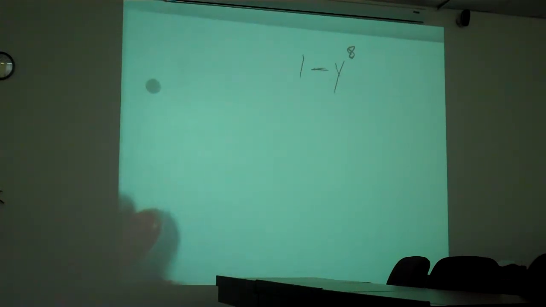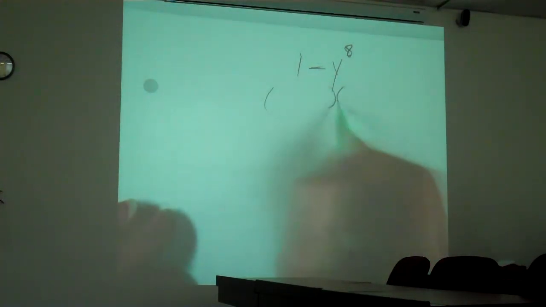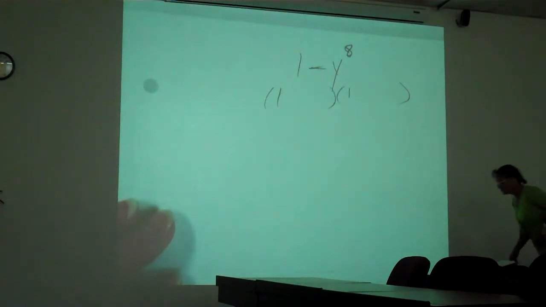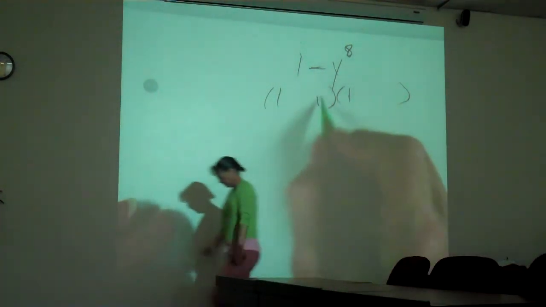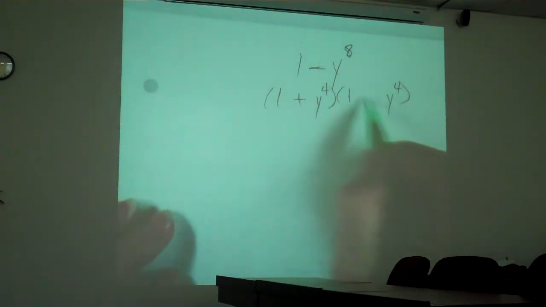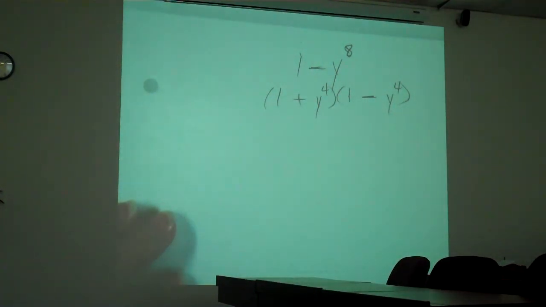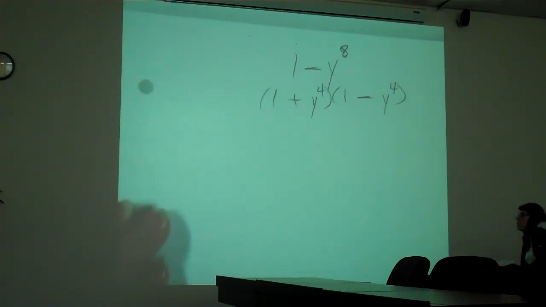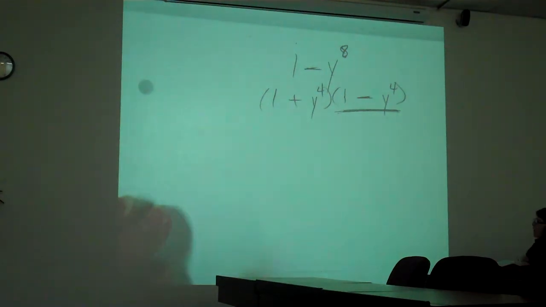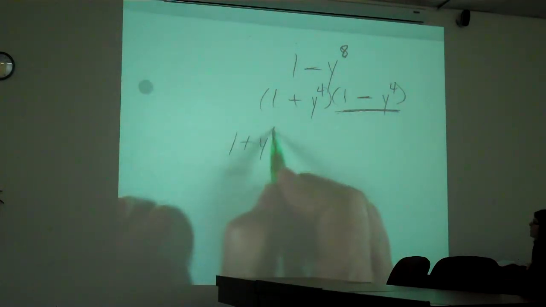Yeah, okay, so we can do that. So 1 is 1 times 1. Y to the 8th is y to the 4th times y to the 4th. So we have a plus and a minus. Do we have another perfect square there? Yeah. This one is a difference of squares. Bring the 1 plus y to the 4th down.